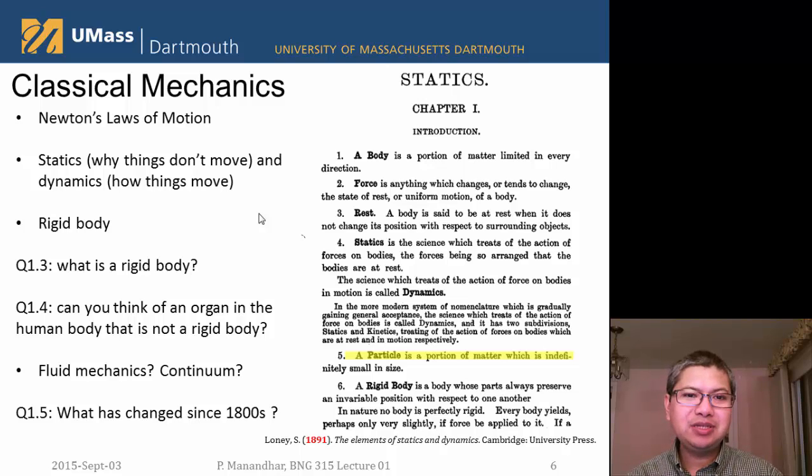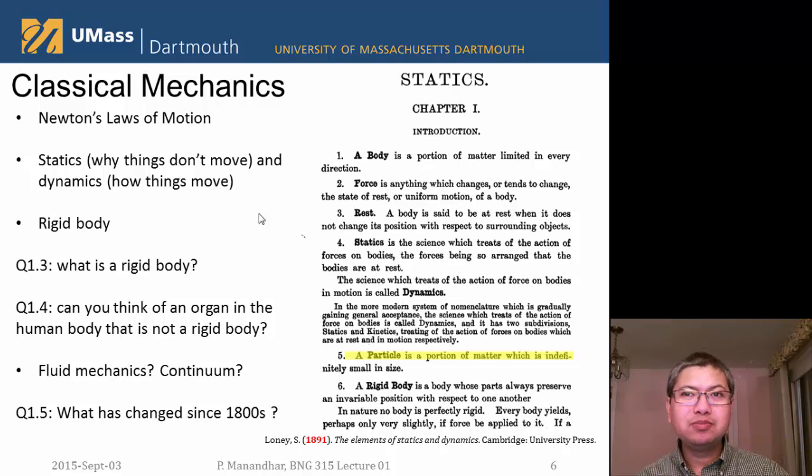And many times in classical mechanics, people restrict to rigid bodies. What is a rigid body? A rigid body is an idealization of a hard object that is difficult to deform or change in shape.